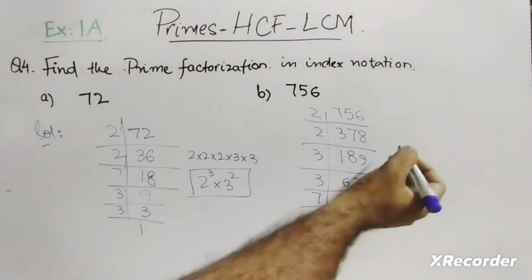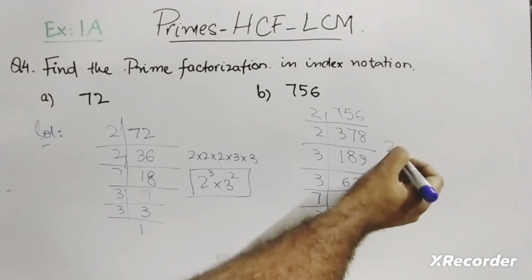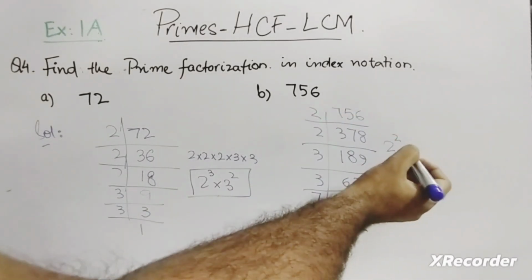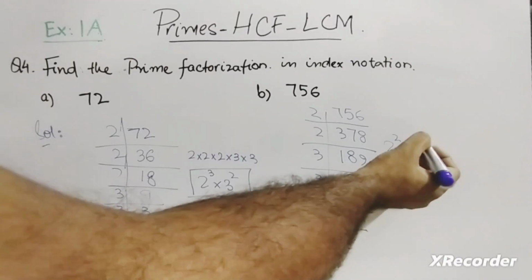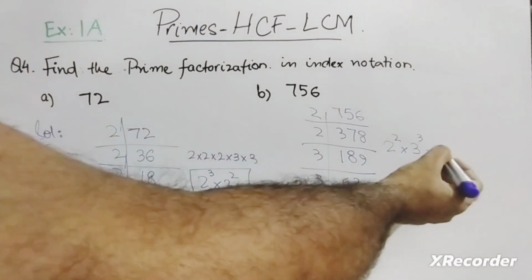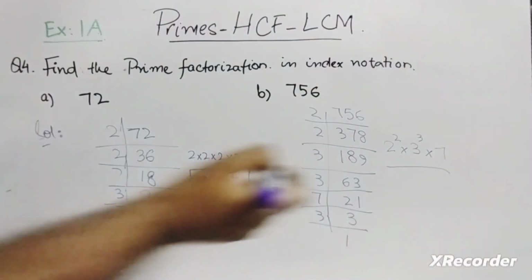So what we get is square of 2 multiplied with cube of 3 multiplied with 7. So this is our answer.